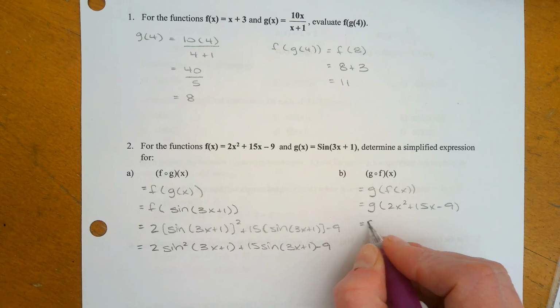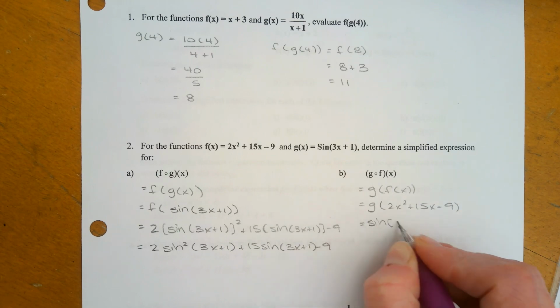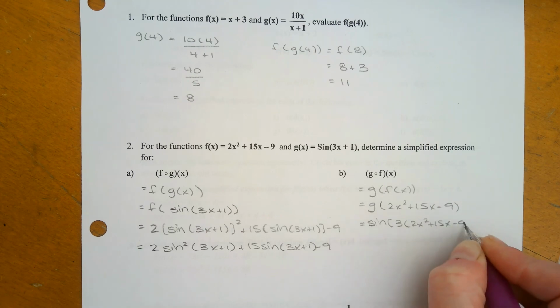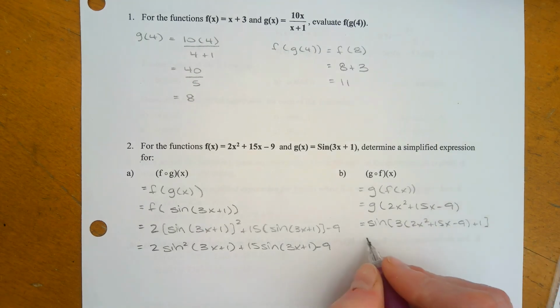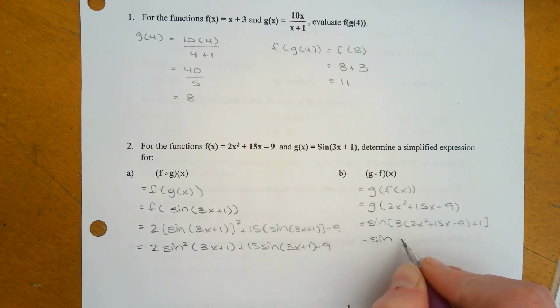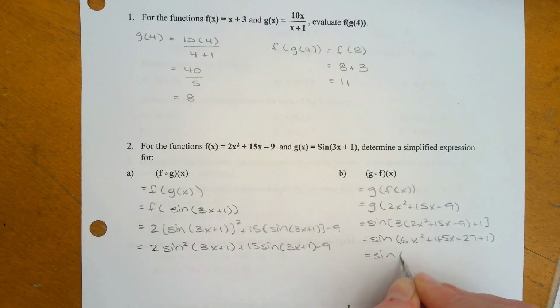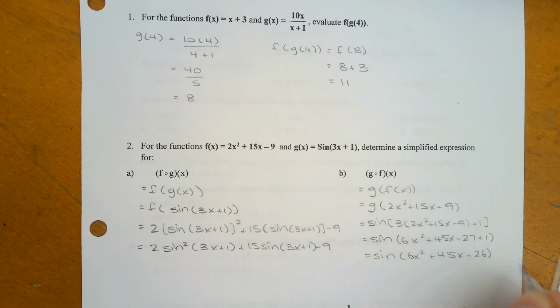So I get sine of 3 times that, plus 1. This is sine of 6x squared plus 45x minus 27 plus 1, or sine of 6x squared plus 45x minus 26.